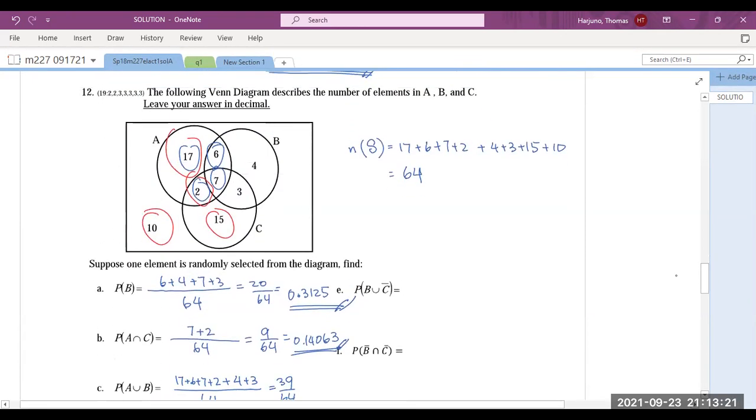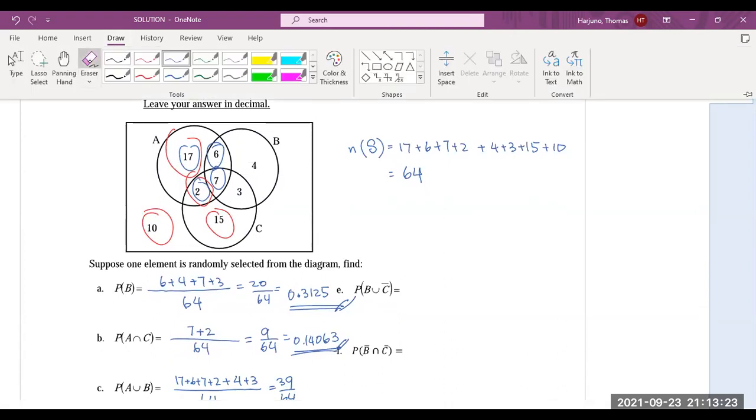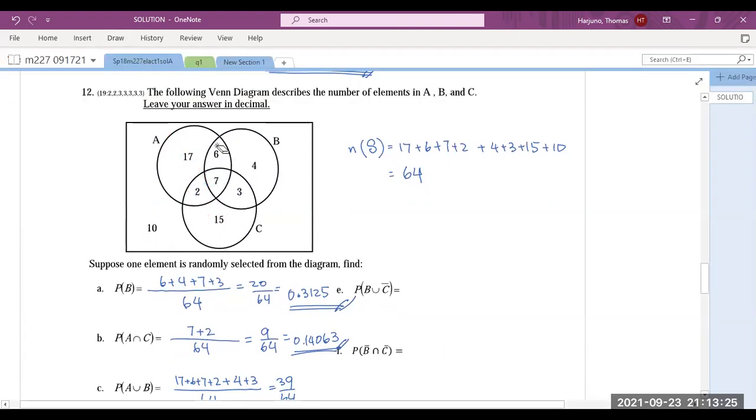Let me erase that. Okay, how about part E? It gets harder. B or not C. B or outside of C. Outside of C are these.